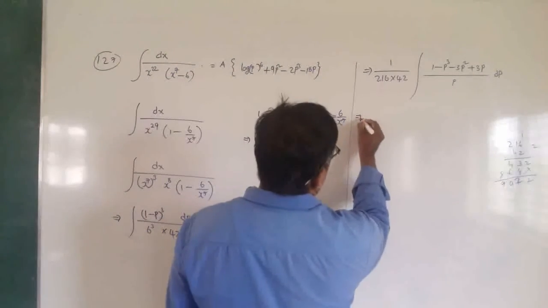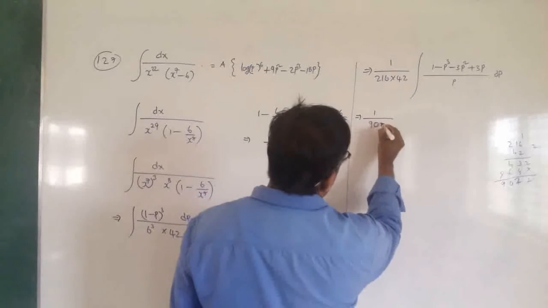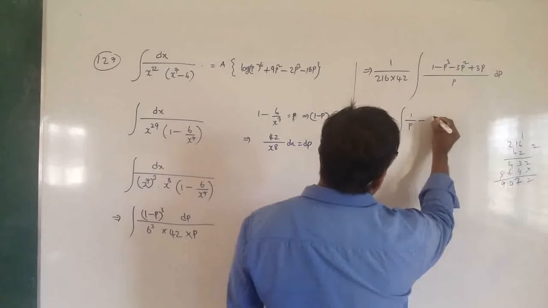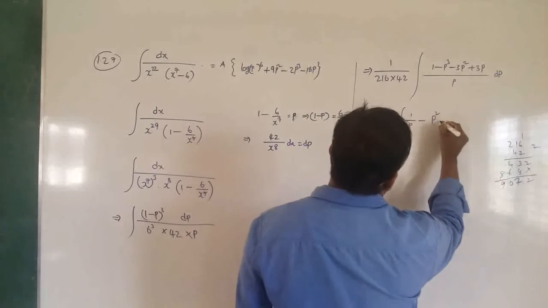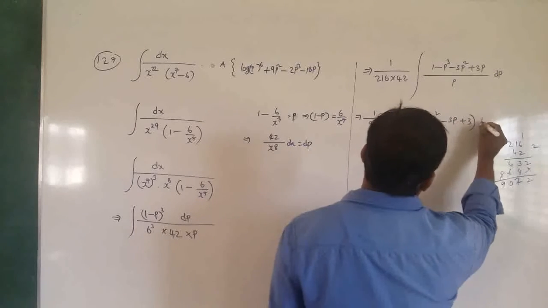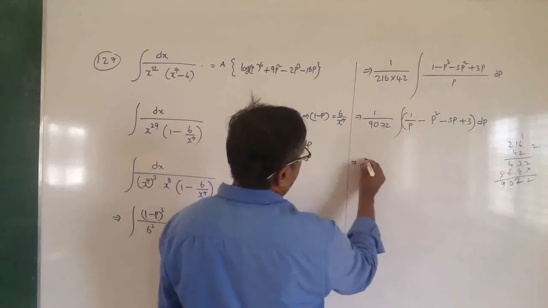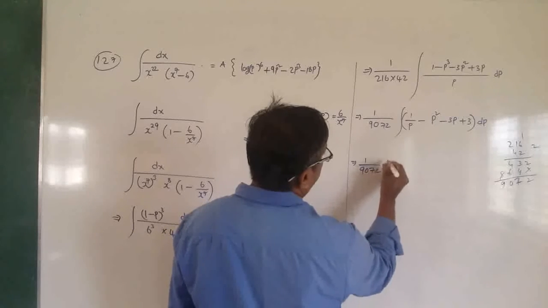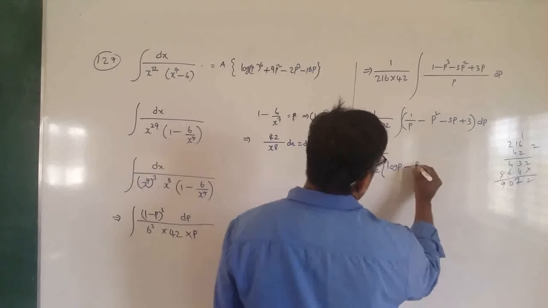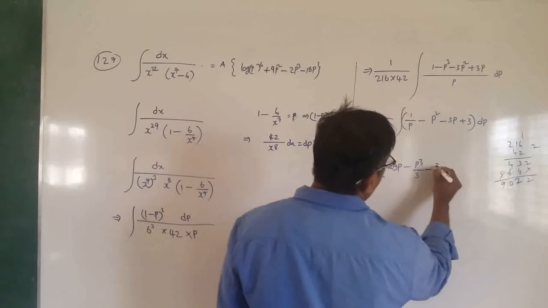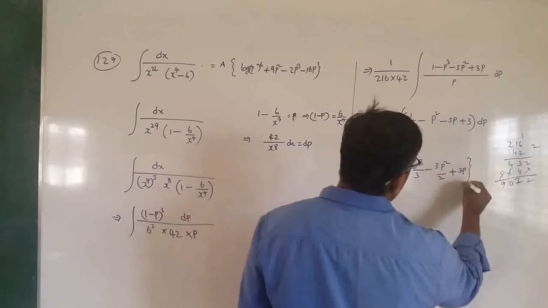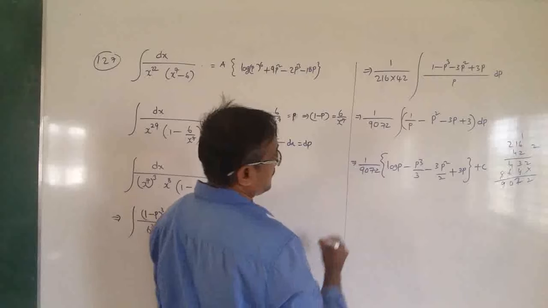Now this is 1 by 9072 integral 1 by p minus p square minus 3p plus 3 dt. So 1 by 9072 into log mod p minus p cube by 3 minus 3p square by 2 plus 3p plus c.